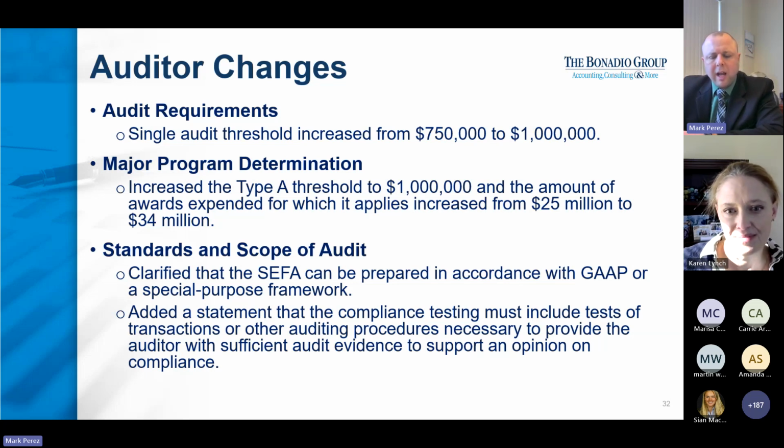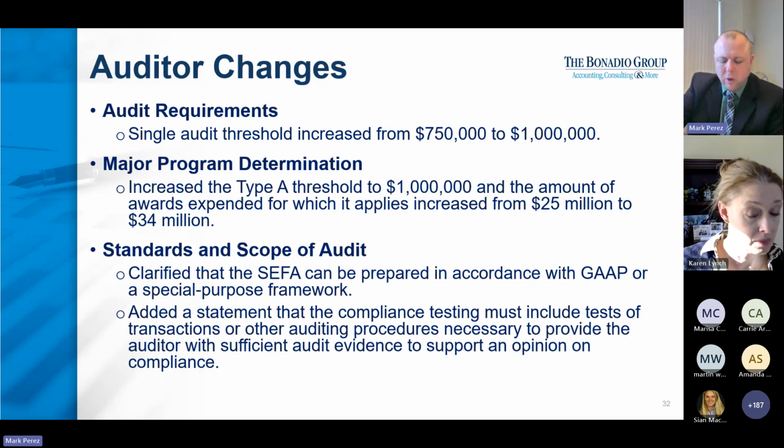The implication being that all type A programs are required to be audited at least once in a 3-year cycle. So if you provide me with the CFA and you have a type A program and it wasn't tested two years ago and it wasn't tested last year, it's a pretty good bet that the auditor is going to be asking about that program and identifying it as a major program and assessing the compliance requirements. So be prepared for that.